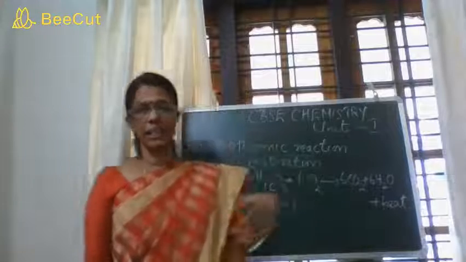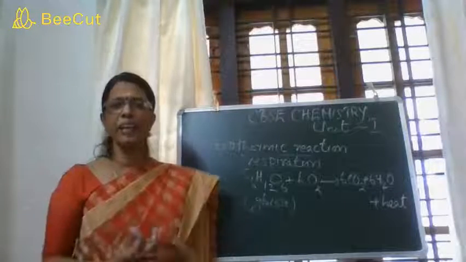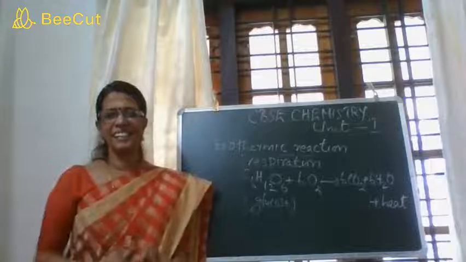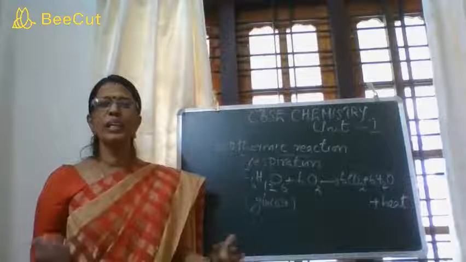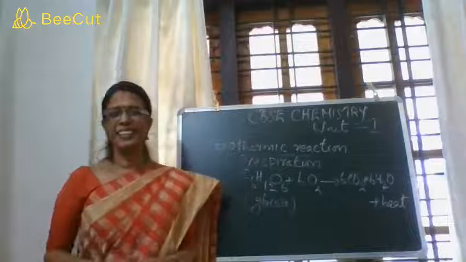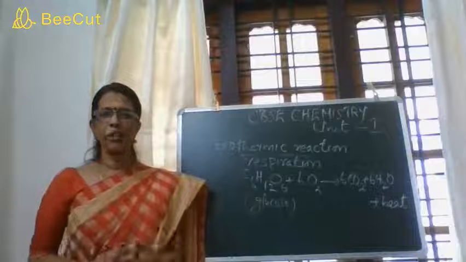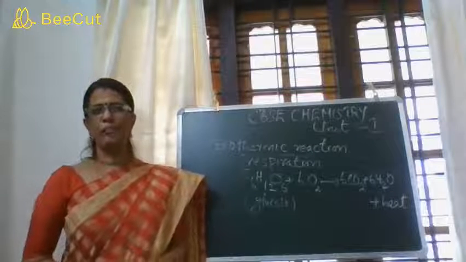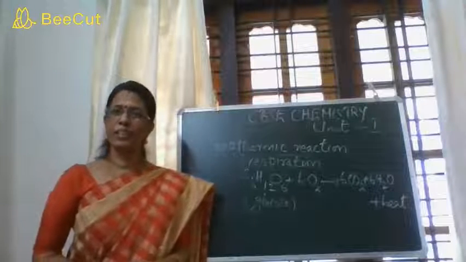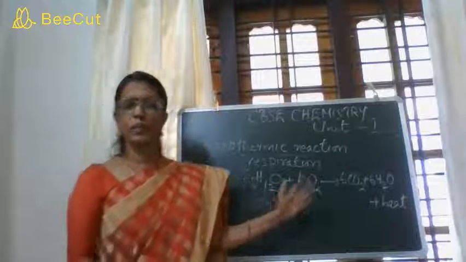This heat energy keeps us alive and makes us energetic. It is the energy that we use for all our day-to-day activities. So this is all about the combination reaction. You can see so many examples of combination reactions from our surroundings, and this is also an example of an exothermic reaction.